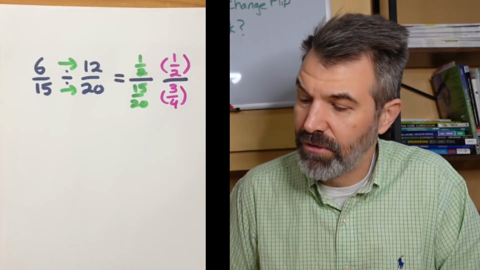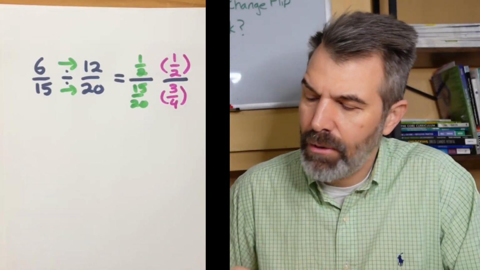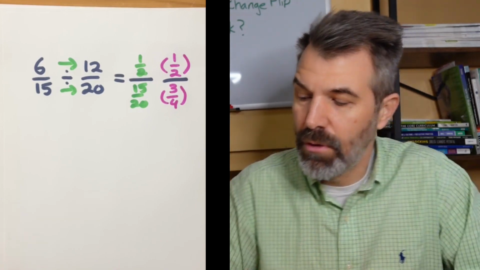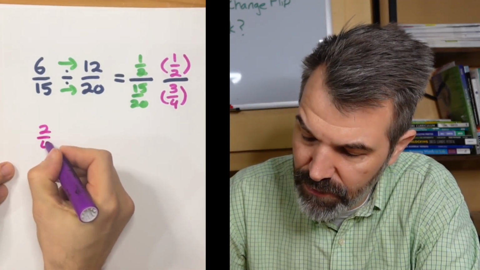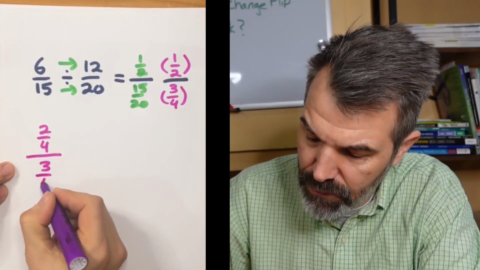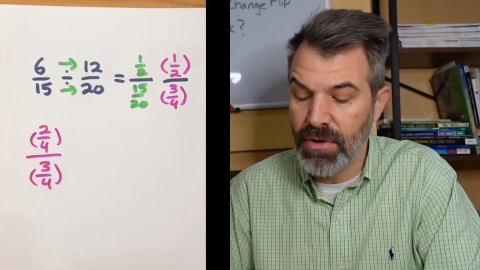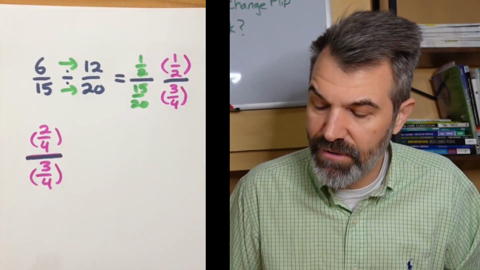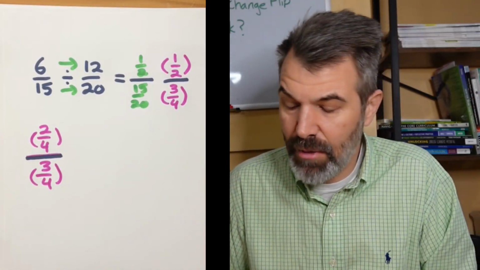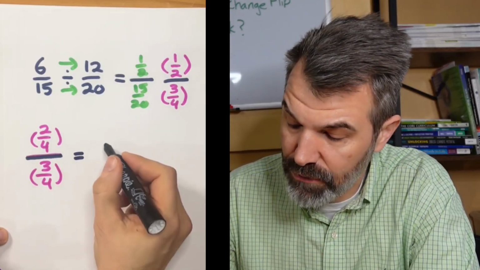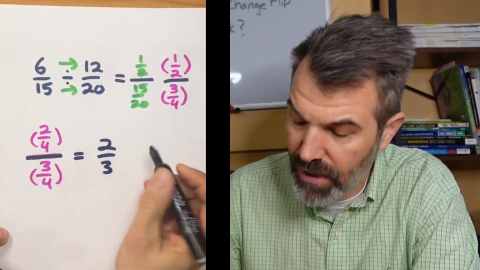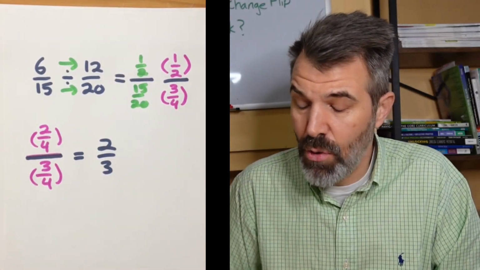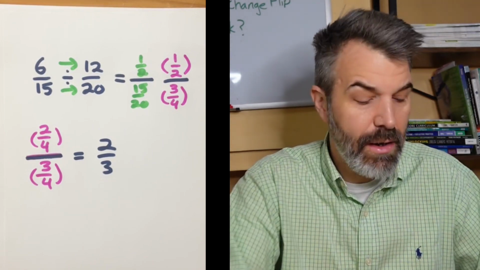For the sake of looking at this, I can call this 2/4 divided by 3/4, so they have the same denominator as we process through this. 2/4 divided by 3/4 is really very similar to just 2 over 3, because it's 2 of some parts of the same size divided by 3 of some parts of the same size. It becomes 2 over 3. And that's going to be my answer.